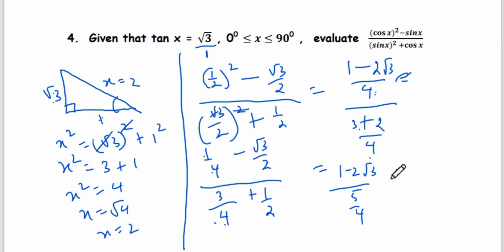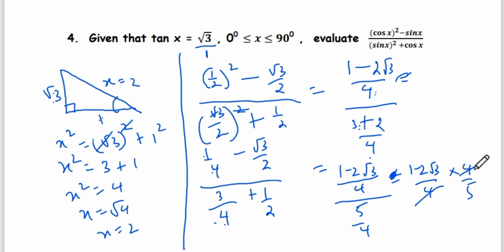Sorry, this is divided by 4. So 1 minus 2 root 3, divided by 4, divided by 3 plus 2 which is 5 over 4. So this becomes 1 minus 2 root 3 divided by 4, multiplied by 4 over 5.